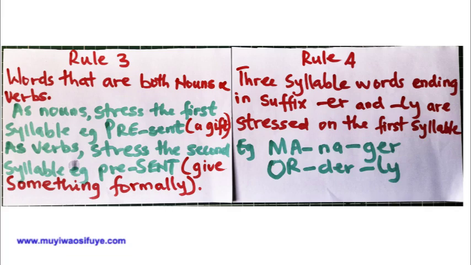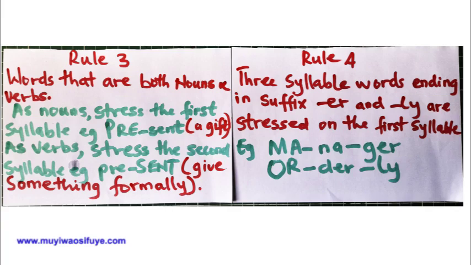For example, we have 2 words there now. Manager, 3 syllables. Orderly. These are 2 words that have 3 syllables, and they end in suffix er and suffix ly.